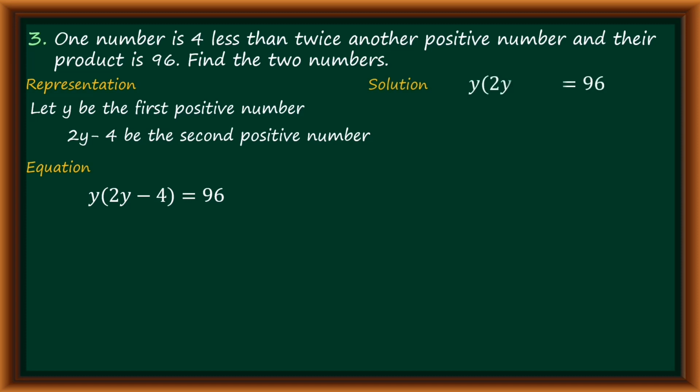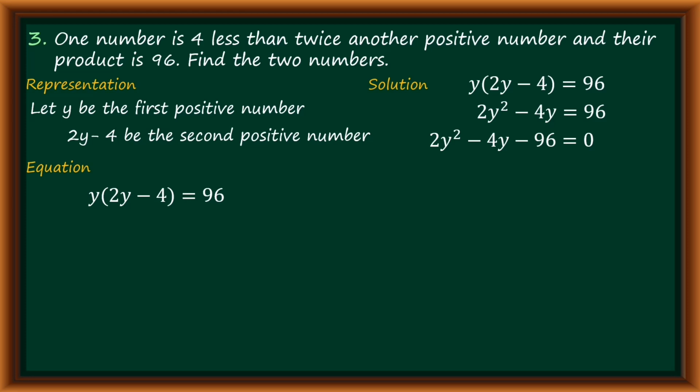Next, we have our solution. y times the quantity 2y minus 4 is equal to 96. Let us find the product of the left side of our equation. We have 2y squared minus 4y is equal to 96. Writing it into standard form, it is written as 2y squared minus 4y minus 96 is equal to 0.